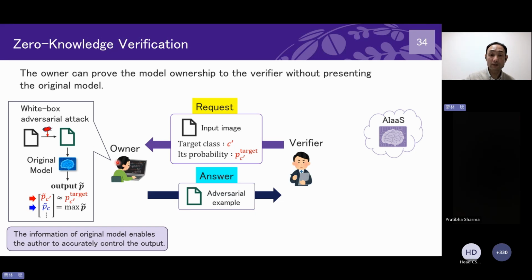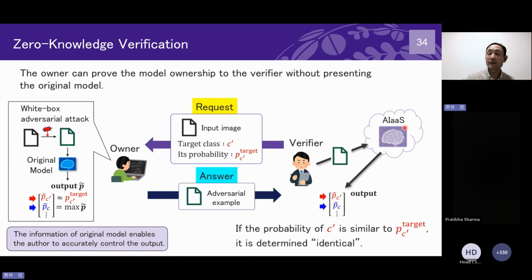Then the owner sends the adversarial example as a result to the verifier. Then the verifier throws the adversarial example to the cloud server and receives the result. And if the result is close to the requested target class probability, then the verifier is convinced that the models are identical.